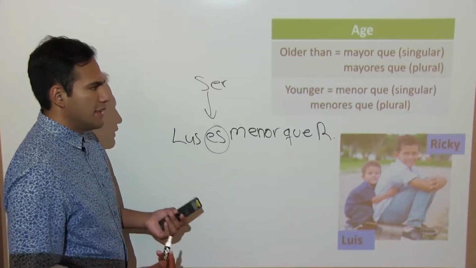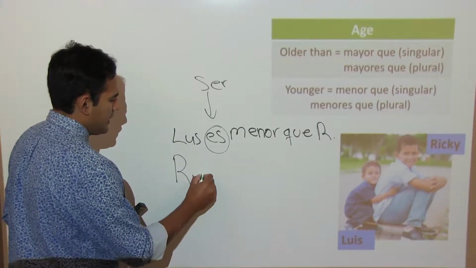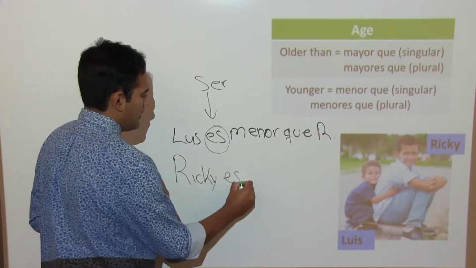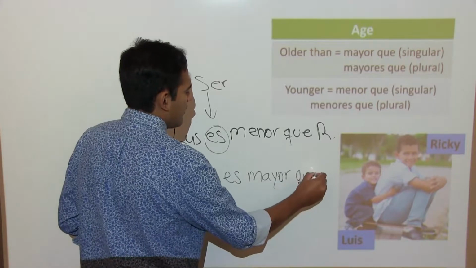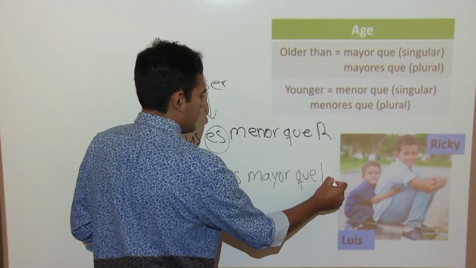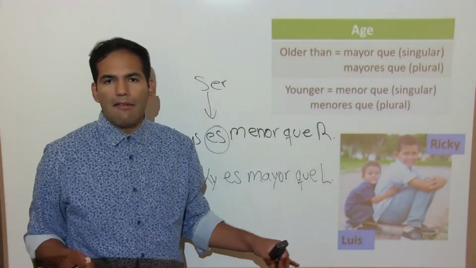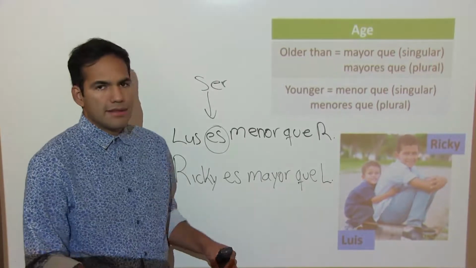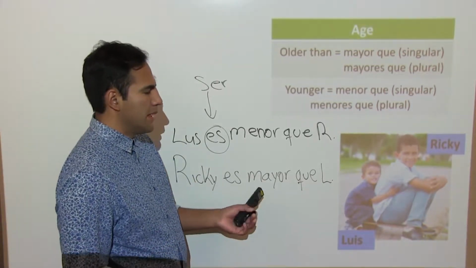So what if we want to say Ricky is older than Luis? Ricky es mayor que Luis. Okay? So now let's imagine that Luis and Ricky have a younger sister, someone who is younger than them, and we want to make it plural.